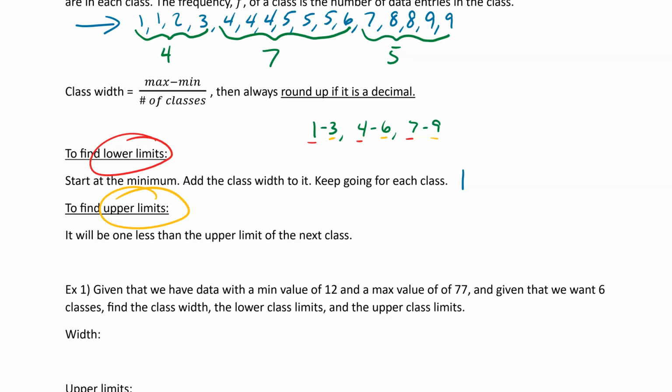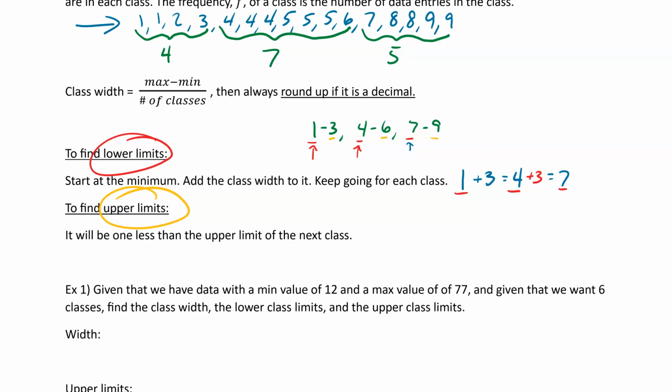So if we do 1 plus 3, that gives us 4. If you notice, 1 and 4 were the first 2 lower limits. Then you just do it again. So you can add 3 again. That gets us 7. That was our last lower limit.